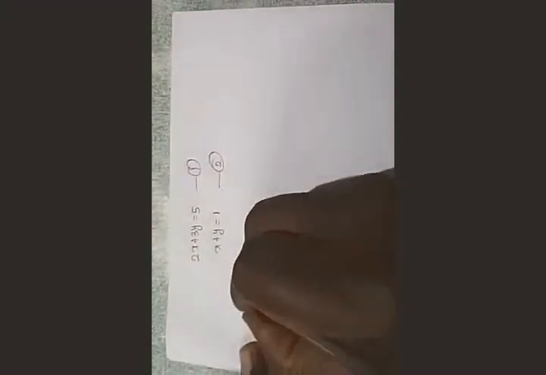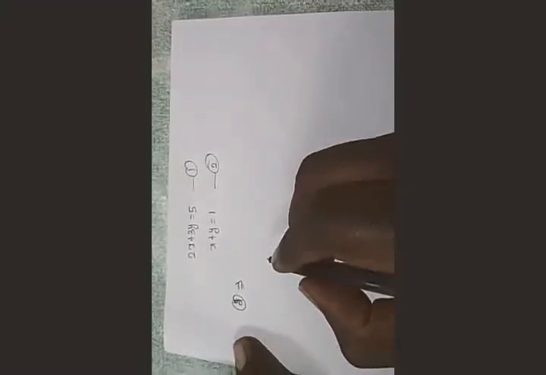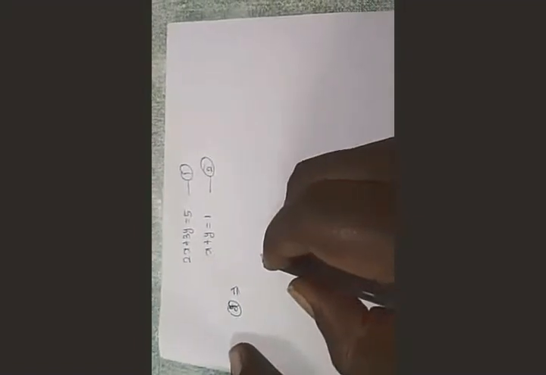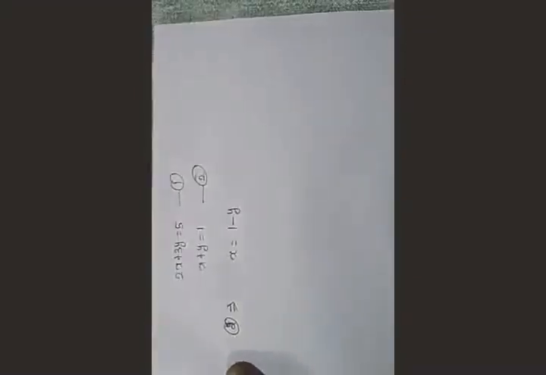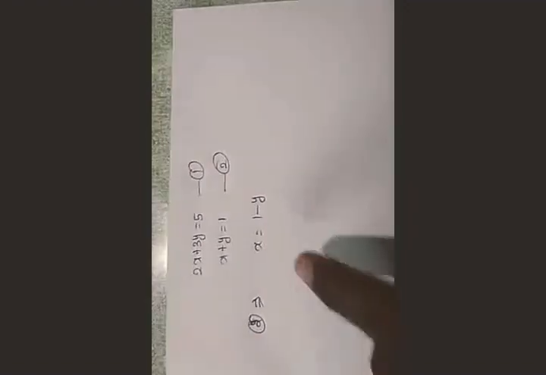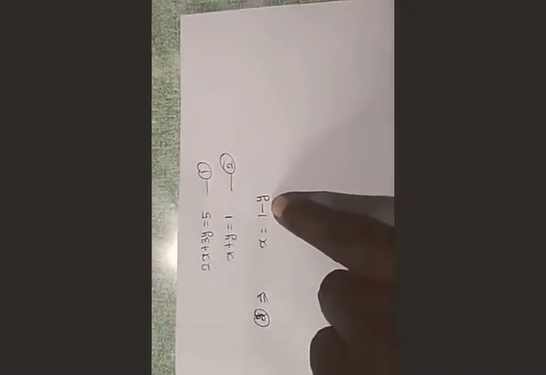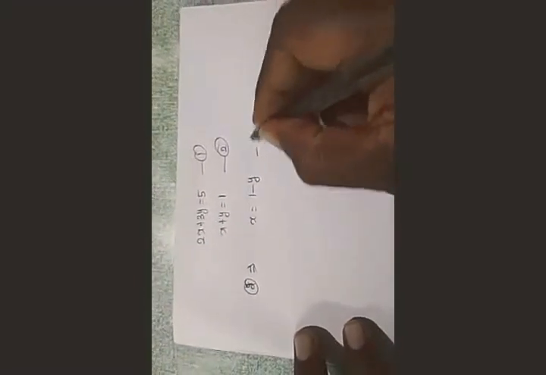In equation number 2, you find the value of one variable in terms of the other variable: x is equal to 1 minus y. This gives equation number 3.